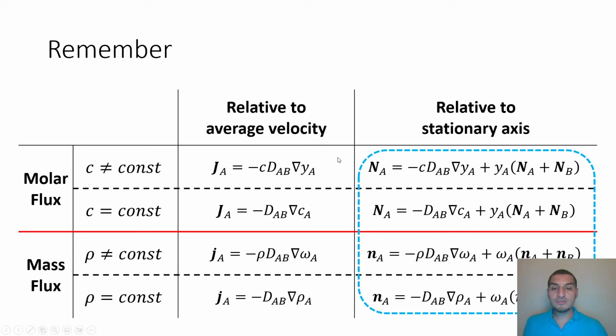Now I have 2 cases for mass flux and 2 cases for mole flux. So if I'm using the equation in molar units, then I should pick one of these 2, and for mass units I should pick one of these 2. So what I would do is go for the most general form of the equation.